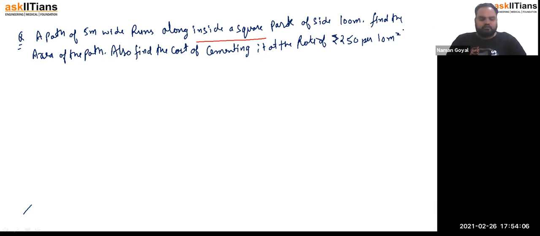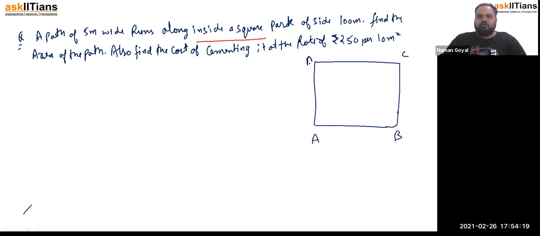Okay, now see, there is a park in the shape of a square, like this. ABCD is a park. Now the side of the park is what? 100 meter.